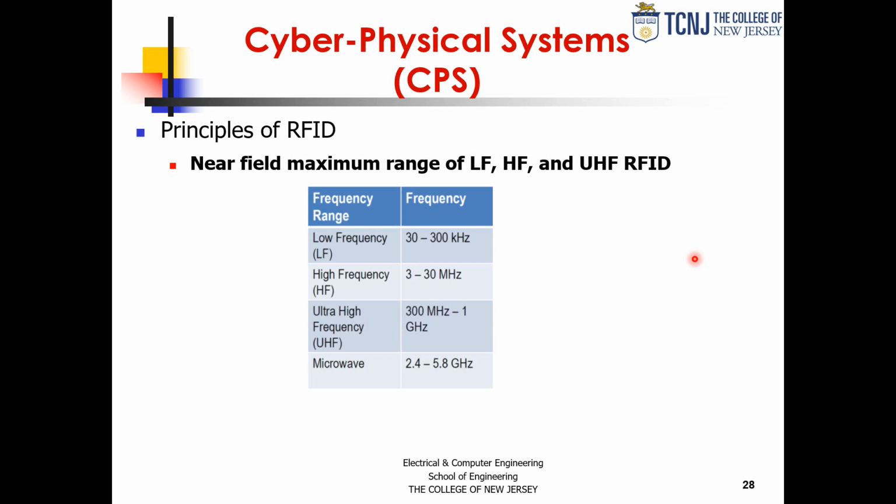For the tags and the applications that we have been discussing, the other ranges are more usable. First, the high frequency, which is 3 to 30 megahertz, namely about 13 megahertz, because you want to operate in what is called the ISM band, which is a scientific band that the FCC, at least in the US, has left for certain applications, and that's around 13 megahertz.